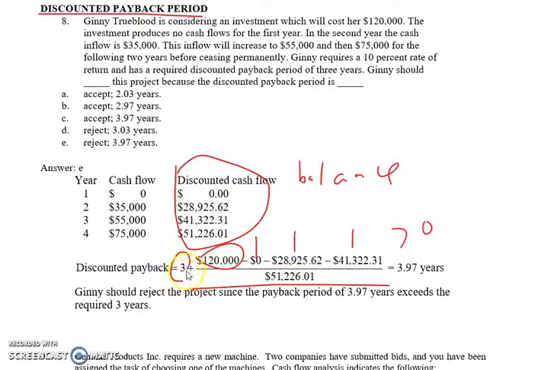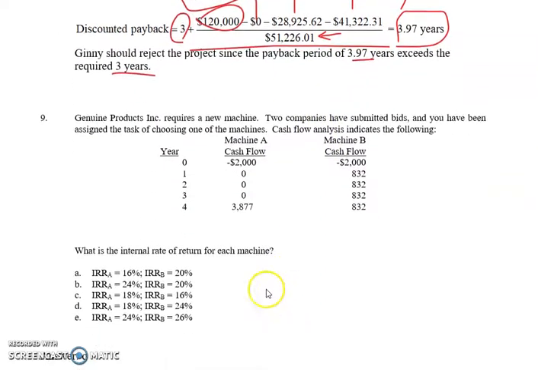So the payback period is 3 plus the calculation, and this is the discounted cash flow of year 4. You find out that the discounted payback period is 3.97 years. Because the target cutoff is 3 years, you should reject because this is longer than the target cutoff year.